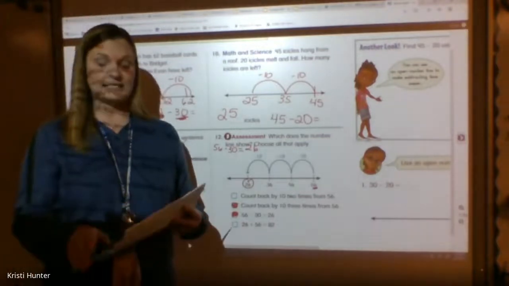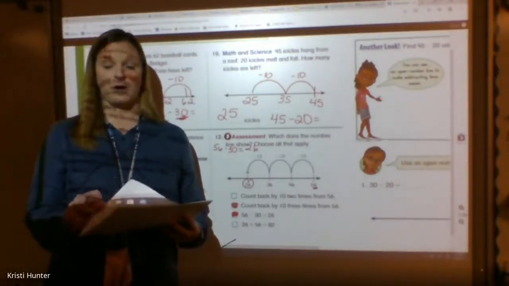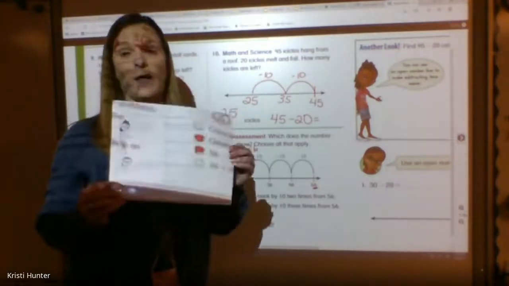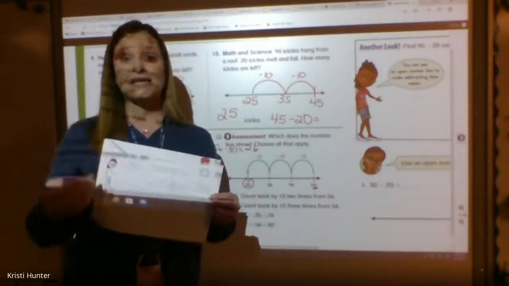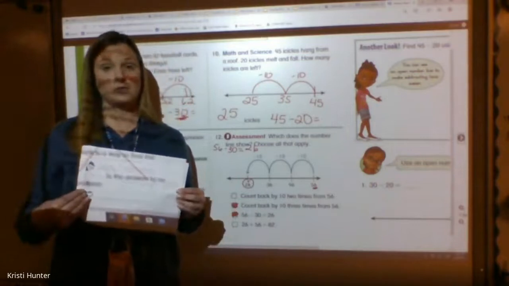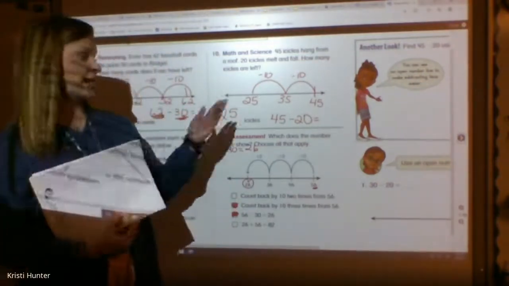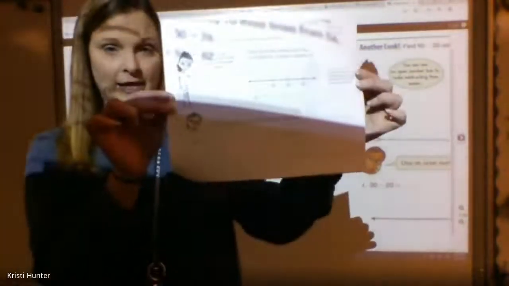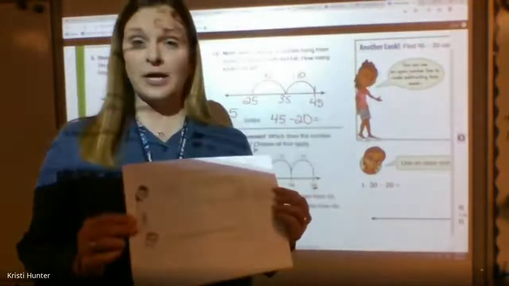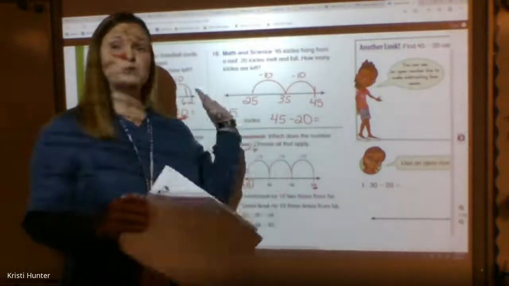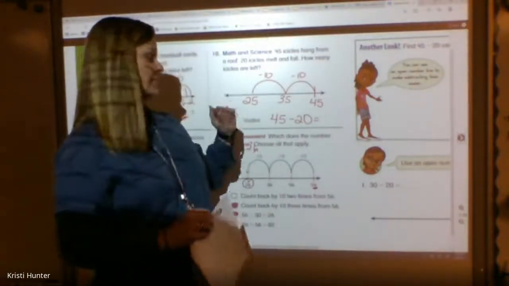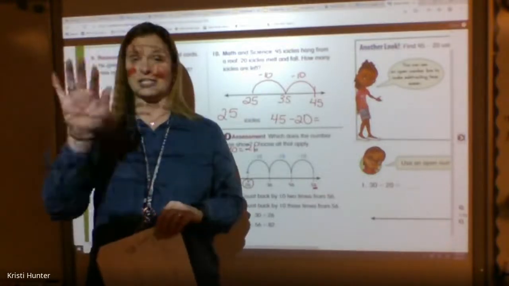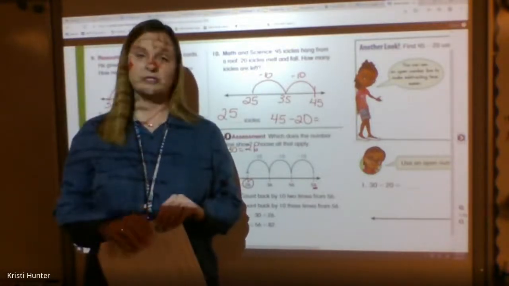You're going to find in your packet the homework page. Now, you may complete this homework on this page, but your assignment is going to be in Schoology. So if you like this strategy of doing the jumps, draw them out on your page and then type your answer into Schoology. If you don't like this strategy and you think it's easier to write the problem 45 minus 20 and just type in your answer, you may do that as well.